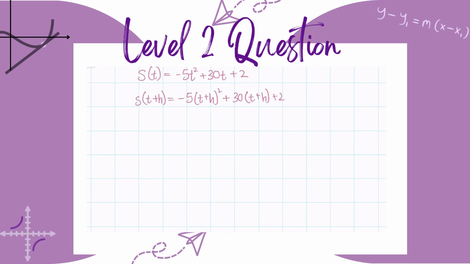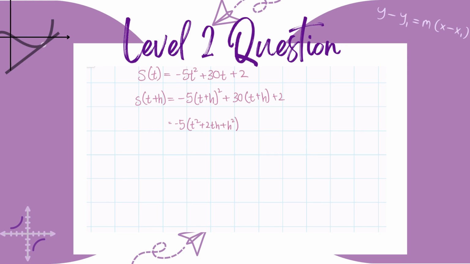So now let's simplify this. This will become negative 5 times (t squared plus 2th plus h squared). What I did over here was I used perfect squares.